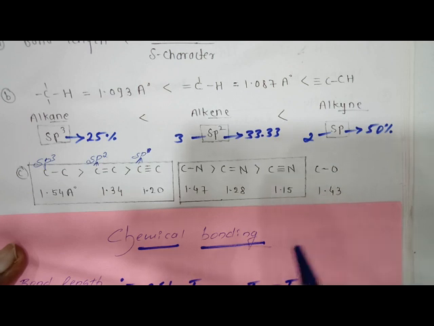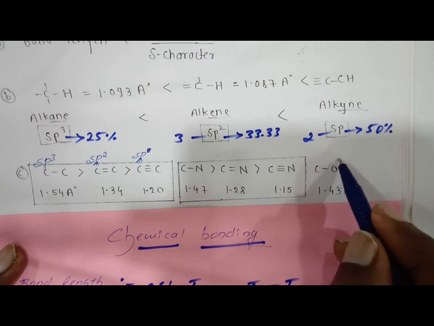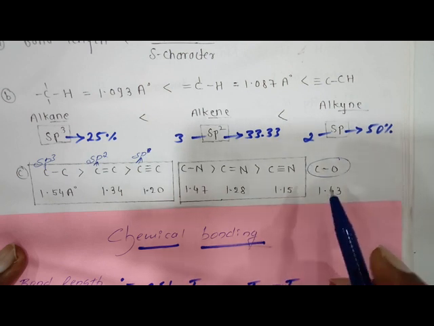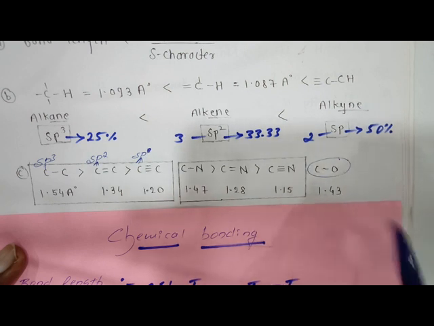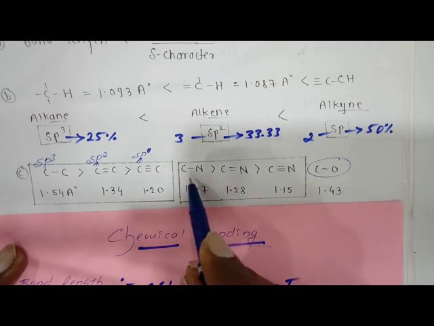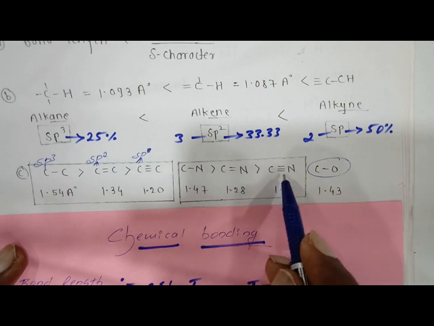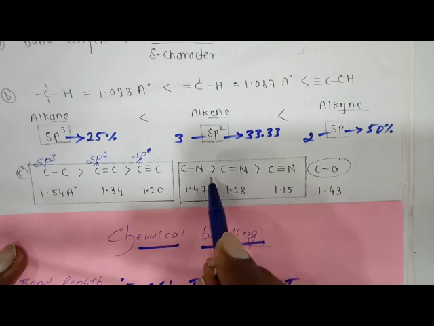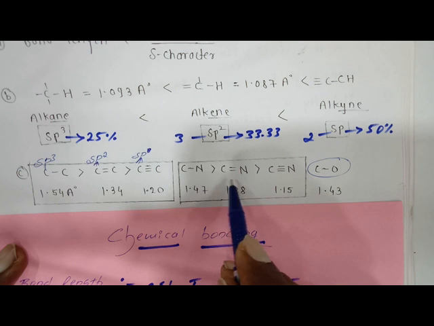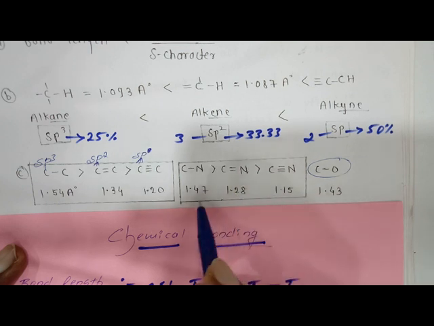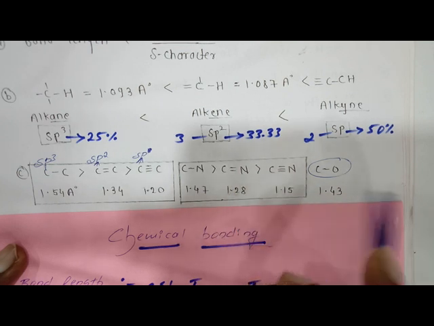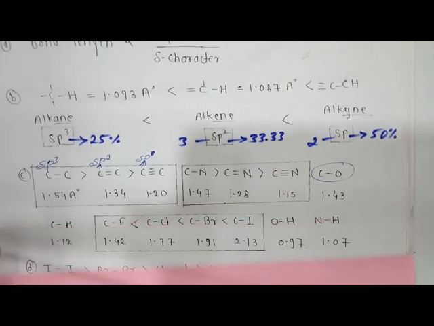Now this is an exceptional case. Carbon single bond nitrogen, carbon double bond nitrogen, carbon triple bond nitrogen: again in this case the percentage of S character goes on increasing, so the bond length decreases. Understood?